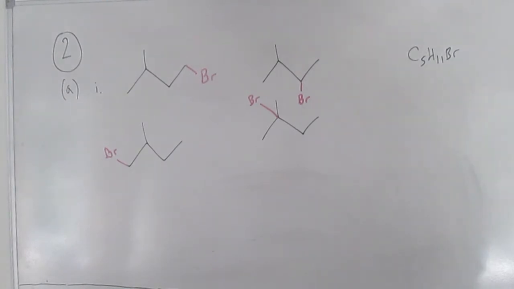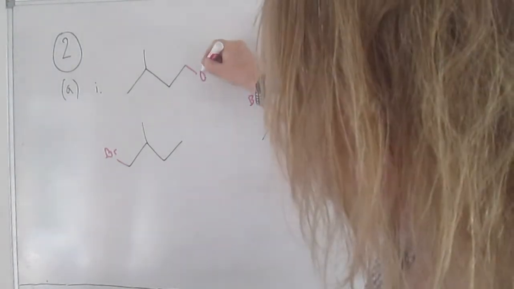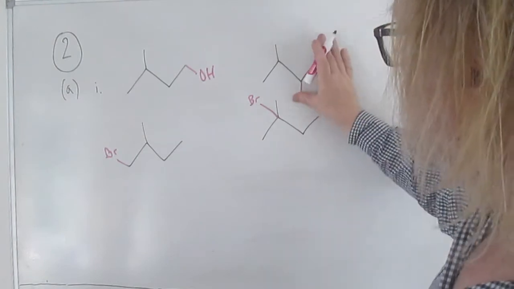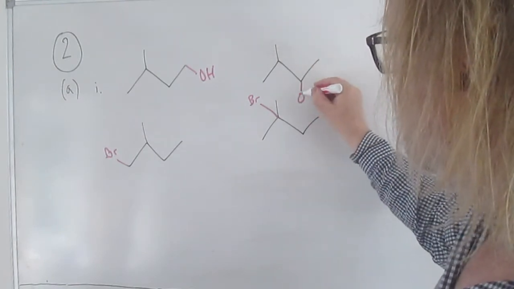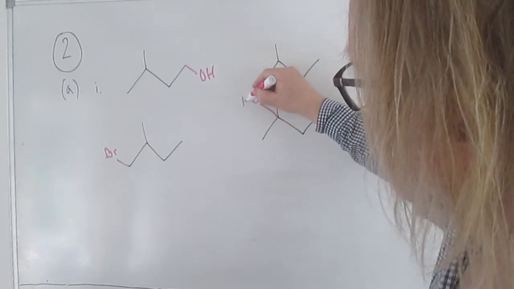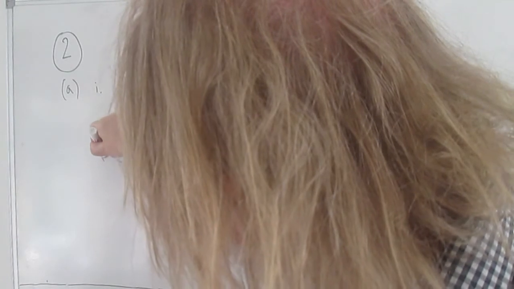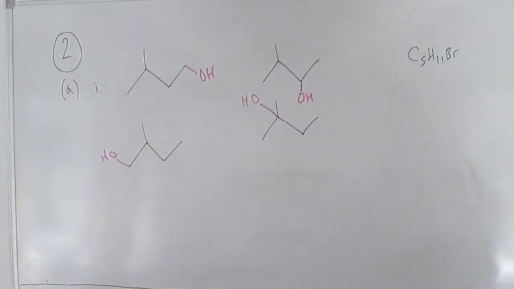So what it means is that each one of those will be converted into an alcohol where the Br has just been replaced with OH. So in other words, these will be our 4 compounds. But what it actually asks you for at this point are not these structures. This is just so that we all know what we're talking about here, but it actually asks you for the molecular formula.